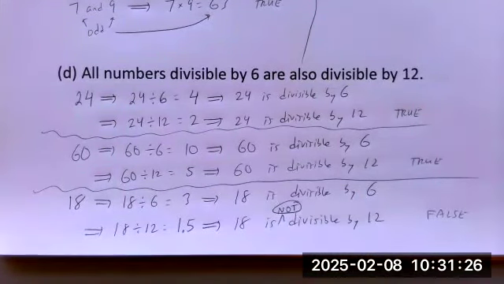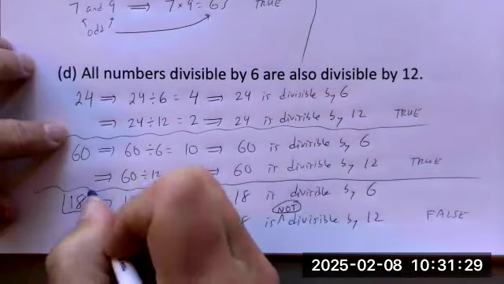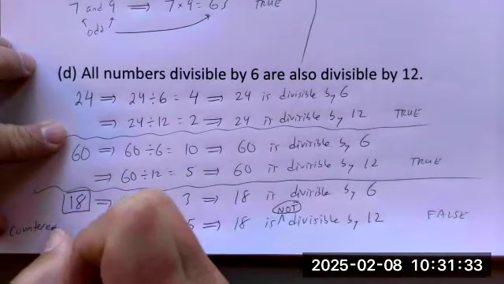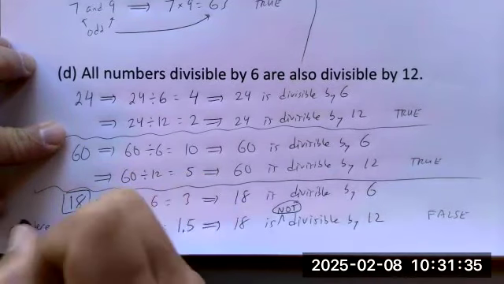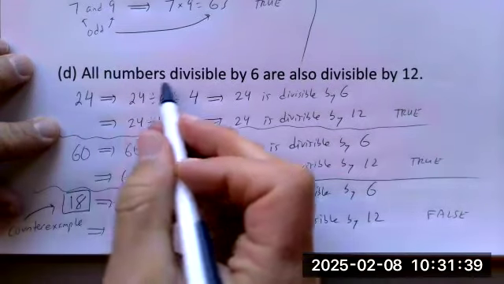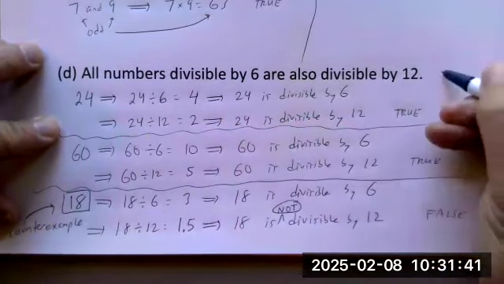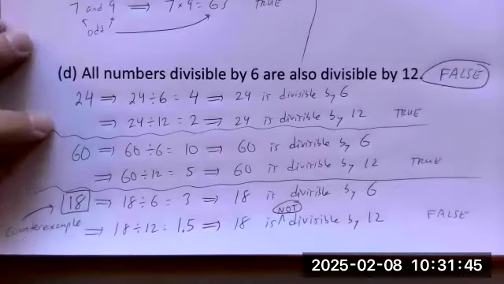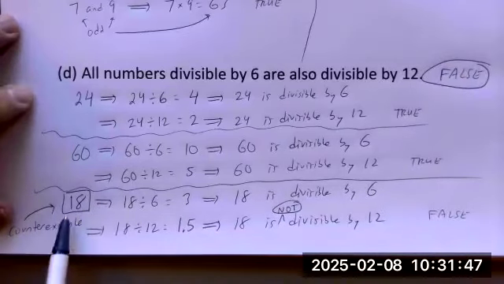And as soon as you find one counterexample, you're done. You can stop. My counterexample is 18. All numbers divisible by 6 are also divisible by 12? No, they are not, because we came up with a counterexample that showed it's not true all the time.